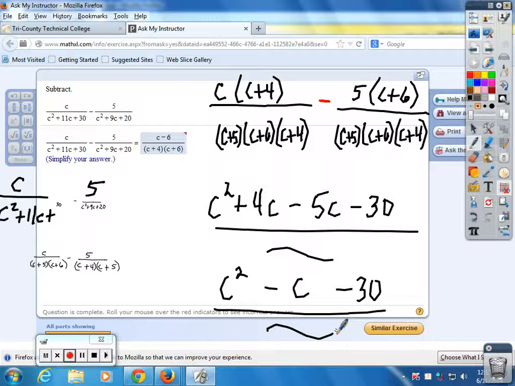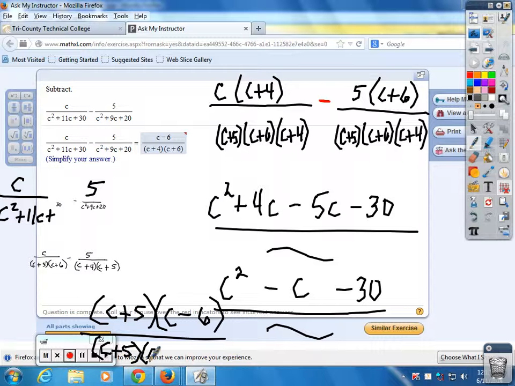And that's going to be reverse FOIL, C, C, and then 5 and 6 be a -6 and a +5 over C plus 5 times C plus 6 times C plus 4, and what happens? The C plus 5's cancel, and you're left with C minus 6 over C plus 4.